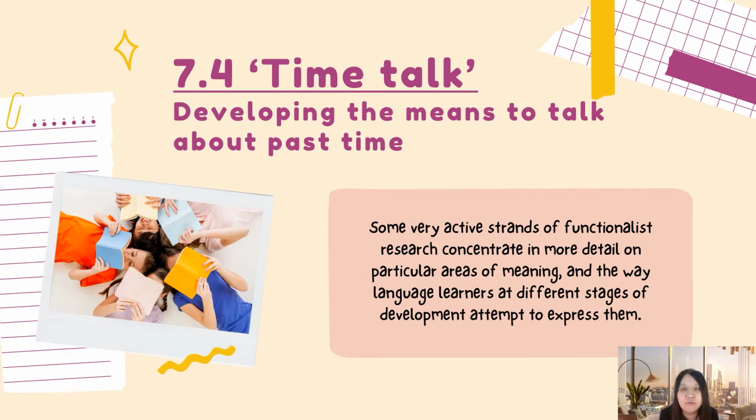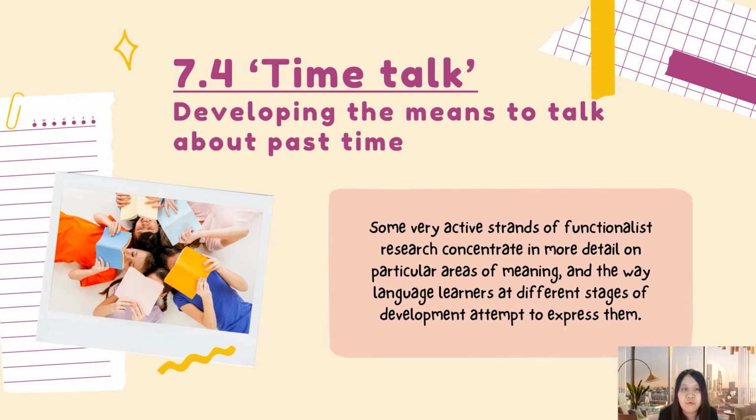Others have also studied the means used by learners to talk about place, to maintain coherent reference in discourse, and to express modality. As the first example of this type of research, we will look more closely at the development of time talk as described by Bardovi-Harlig in 2000.